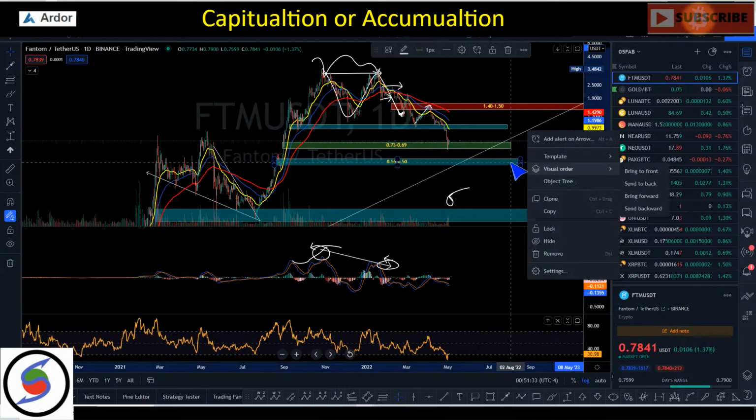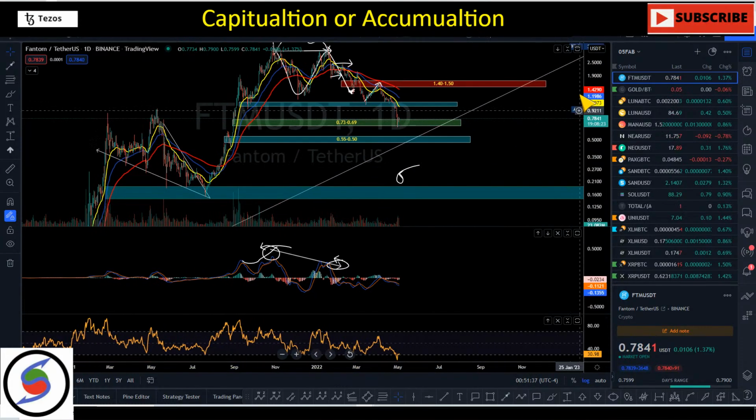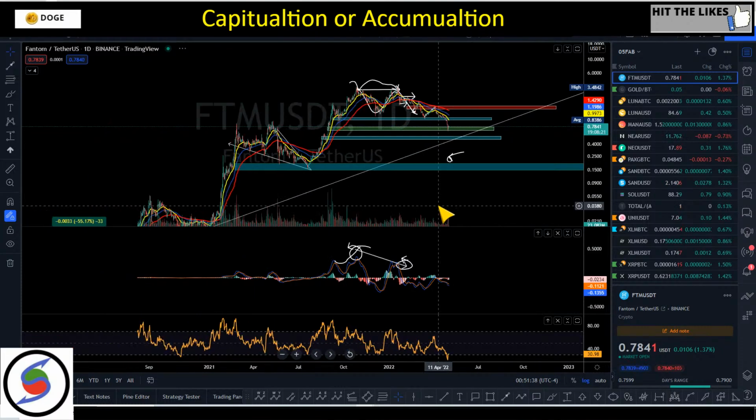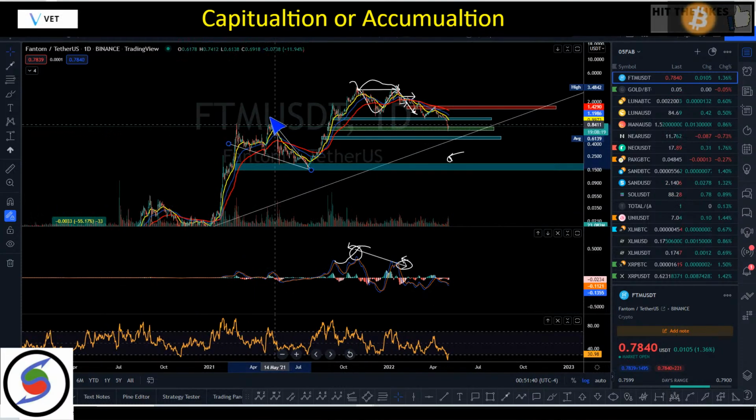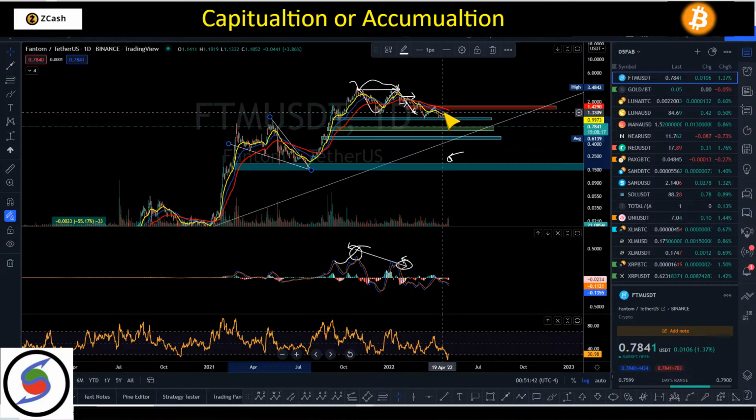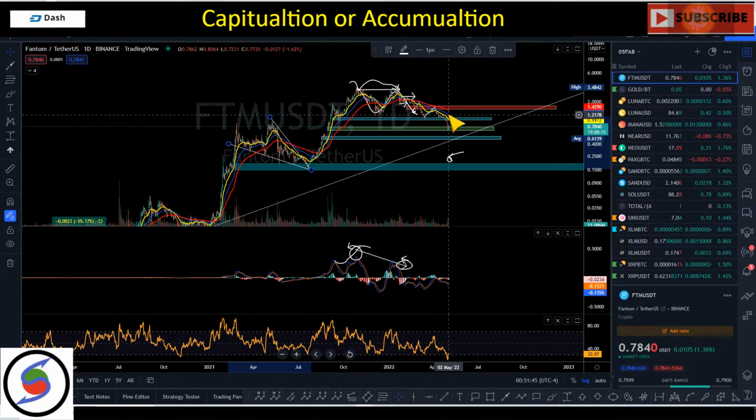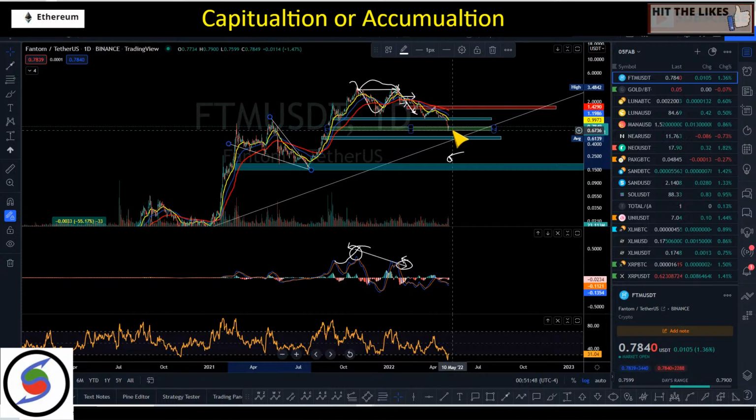If it pushes lower, we've got the 50 to 55 cents support, temporary support. If you shorted it above, let's say, 1.05 or 1.20, whatever, just put a stop loss. And if you took some profits right here, just be patient as of now.